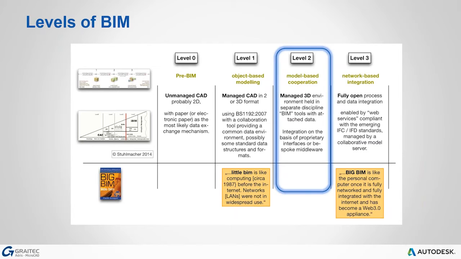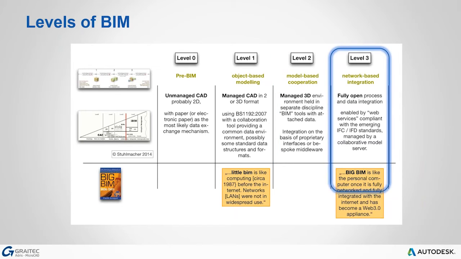Then lastly, of course, we have level 3. Now this is currently seen as the holy grail of BIM, as it represents full collaboration between all disciplines by means of using a single shared project model, which is held on a centralized repository.